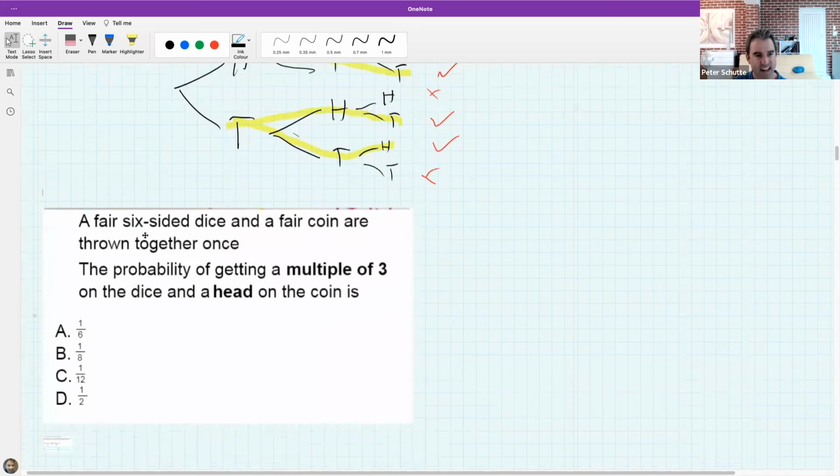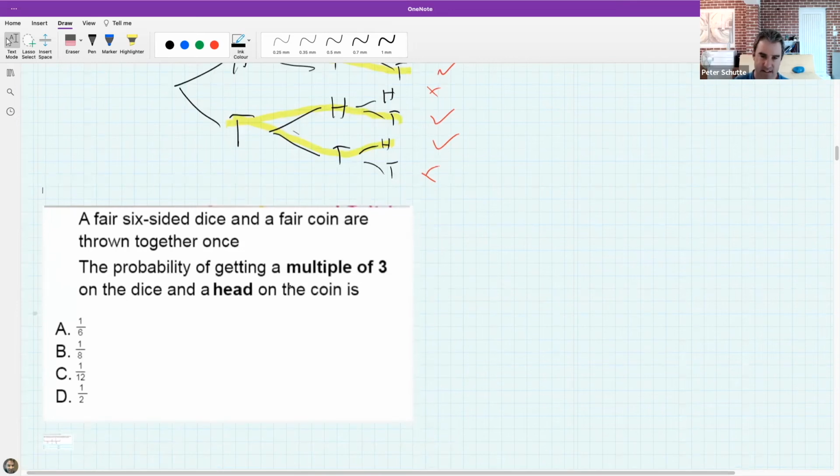It says, a fair 6-sided dice and a fair coin are thrown together. What is the probability of getting a multiple of 3 on the dice and a head on the coin? So this event is what we call a compound event because there are 2 things happening. You are throwing a dice and a fair coin, thrown together at the same time. The event we are interested in is a multiple of 3 on the dice and a head on the coin.